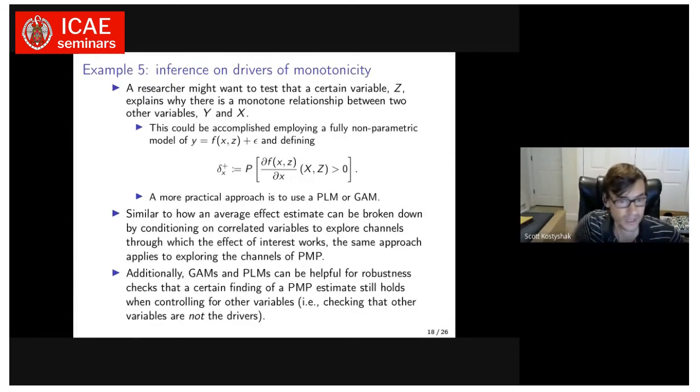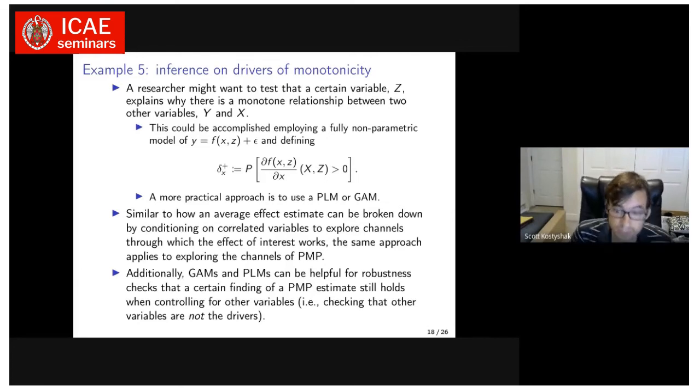So, let's take a different approach. Suppose the researcher wants to test whether a monotone relationship between two variables, y and x, is driven by something else. We can do that by taking the approach that is commonly taken with average effects.